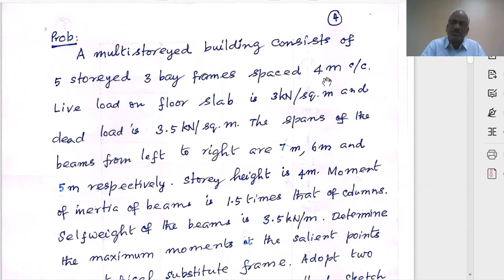That is why I am stressing it. Live load on the floor slab is 3 kilonewton per square meter. We will discuss again; just remember the values. 3 kilonewton per square meter, and dead load is 3.5 kilonewton per square meter.